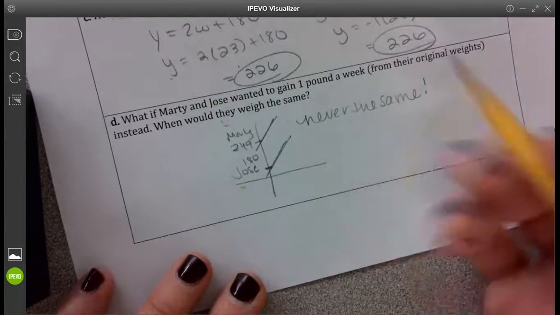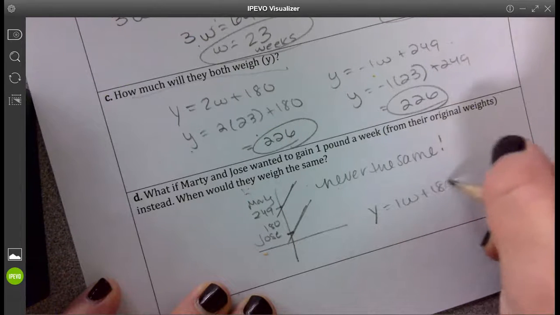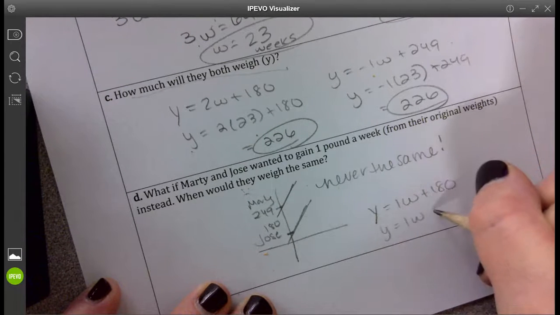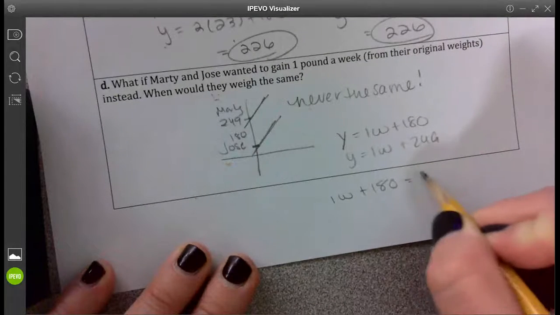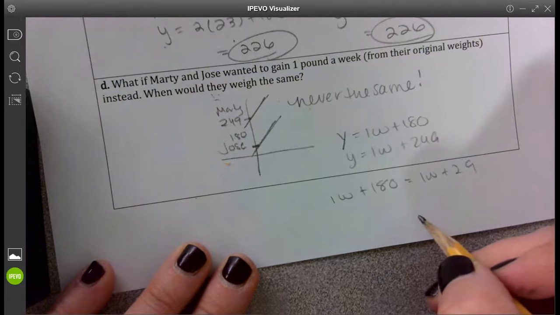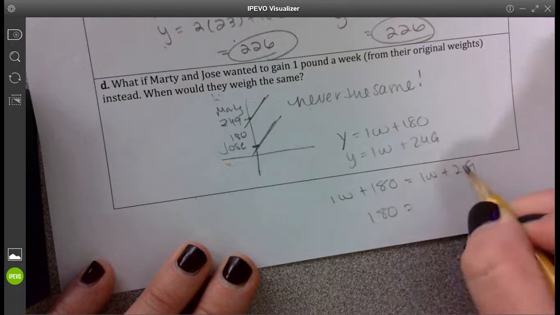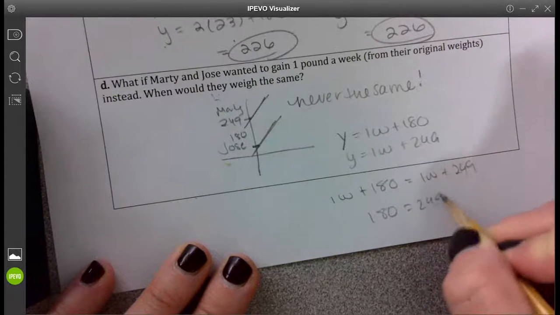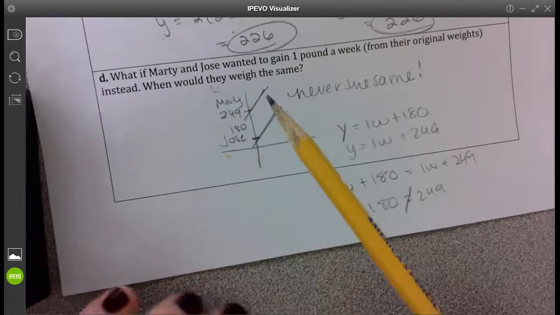Okay, so you could either show me by graphing, or you could say, all right, they're going to gain 1 pound a week. Set them equal to each other and solve. We see that the w's cancel. 180 equals 249. That's never going to be true. So if we use graphing, they'll never intersect.